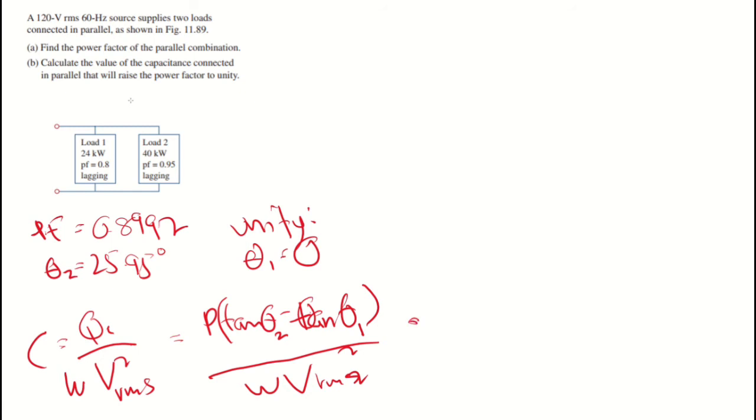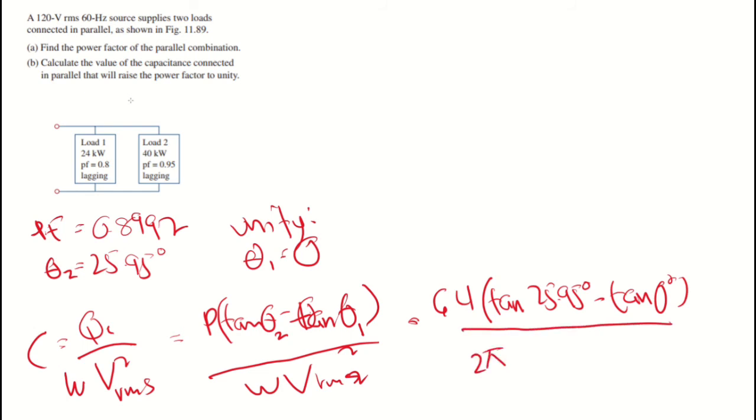So we just insert all the values into this formula. P is the total real power that we calculated before, 64, times tangent 25.95 degrees minus tangent 0 degrees, divided by 2 pi times 60, and V RMS is 120 volt RMS square.